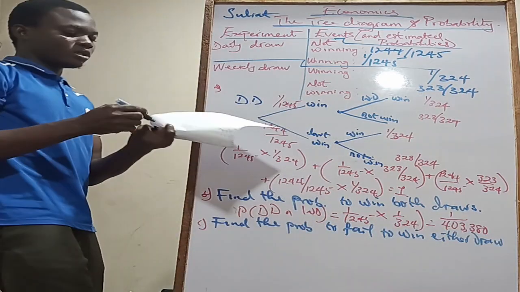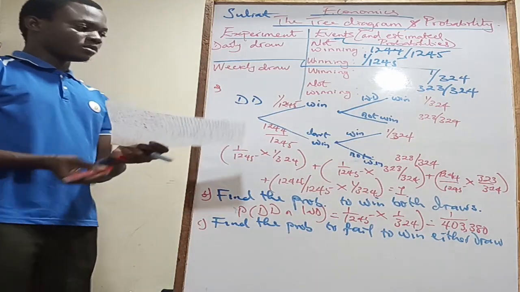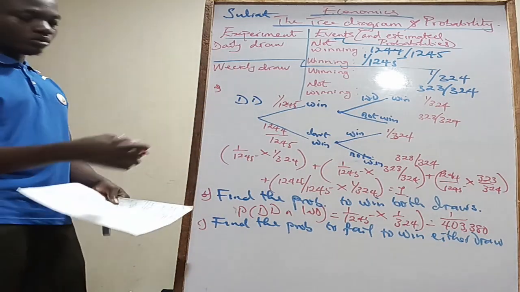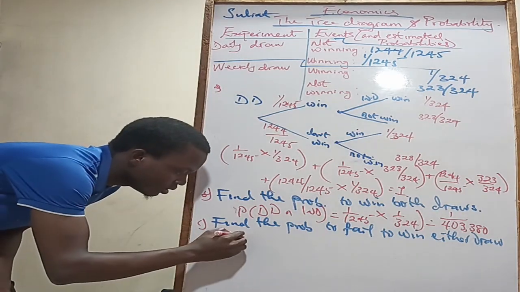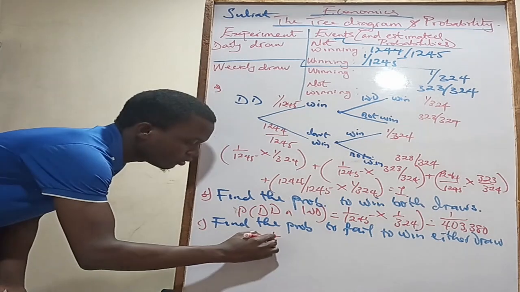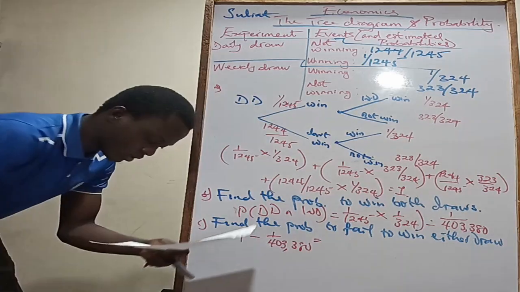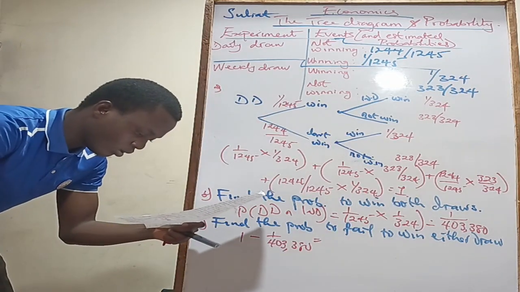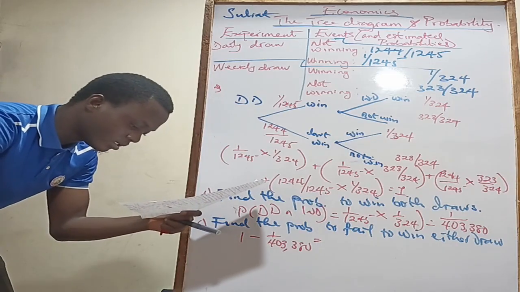Some may say, since the probability of winning both draws is 1 over 403,380, the probability of not winning both draws is going to be 1 minus 1 over 403,380, which gives us one number that I didn't even write.